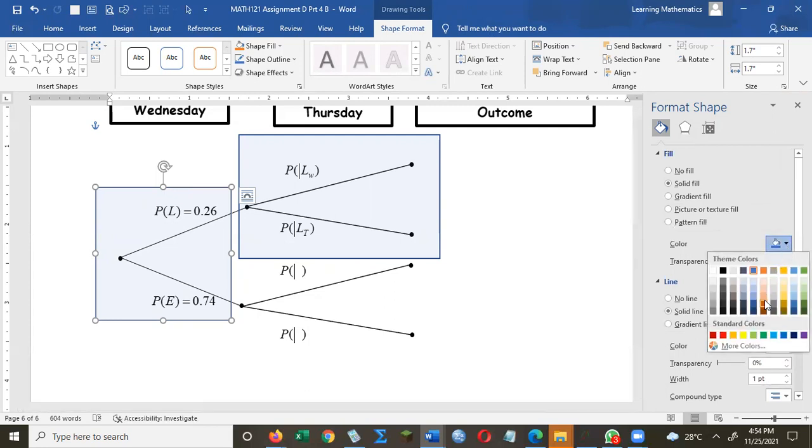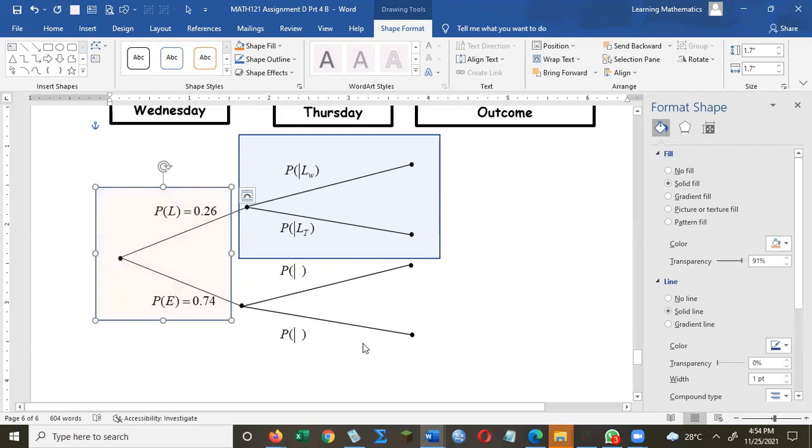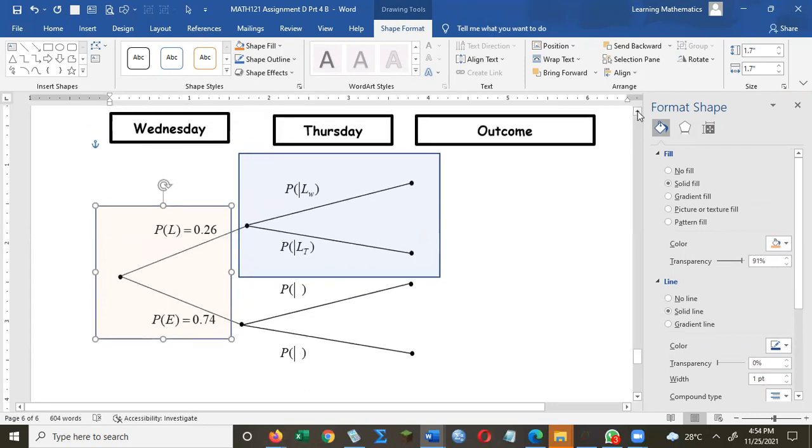This here is saying the probability of him coming late on a Wednesday is 0.26, or the probability of him coming early on a Wednesday is 0.74. This is what that whole rectangle is saying.